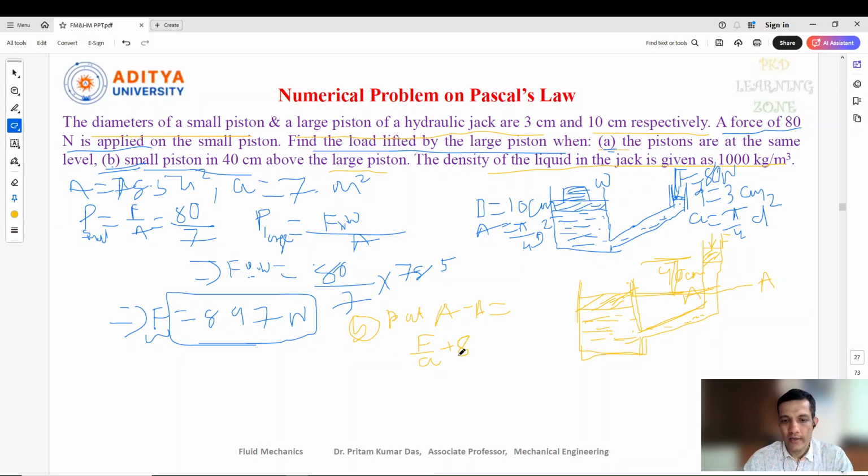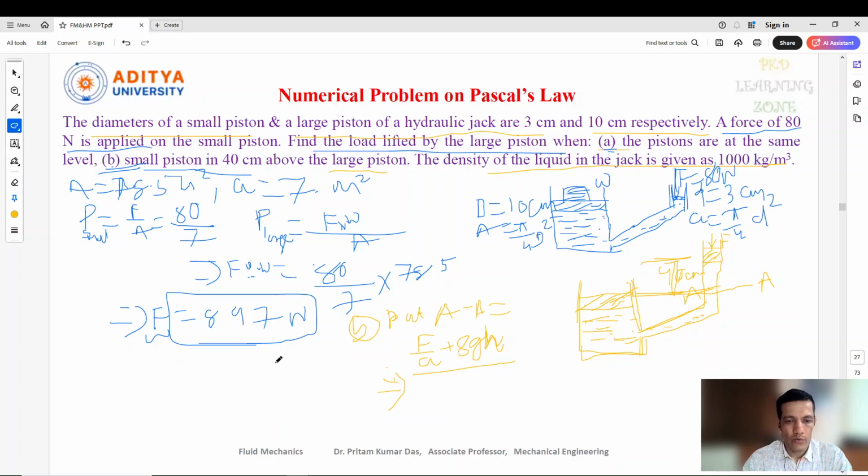That we can calculate by the formula rho g h, which comes from the hydrostatic law. Now this F by A we already got previously, so F by A plus rho g h, with rho given as 1000.